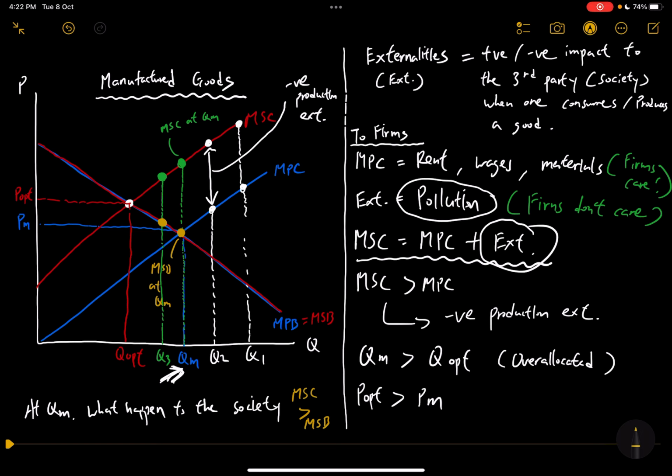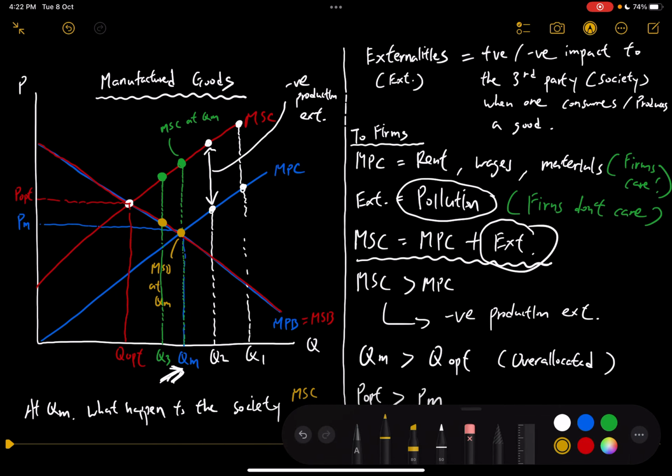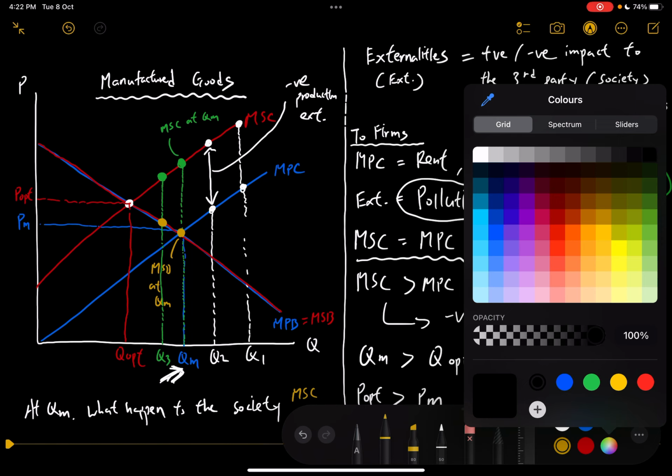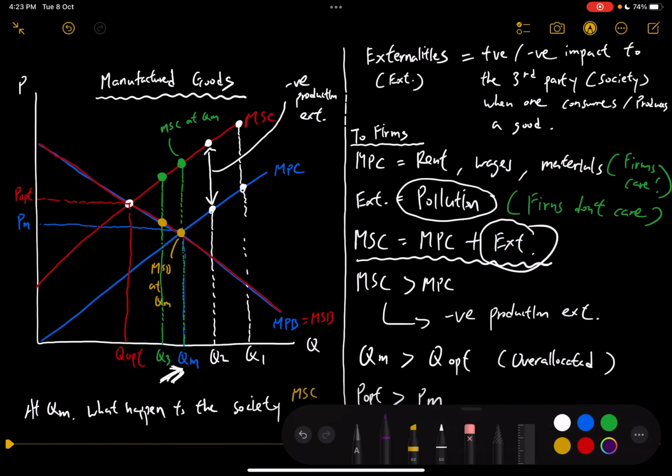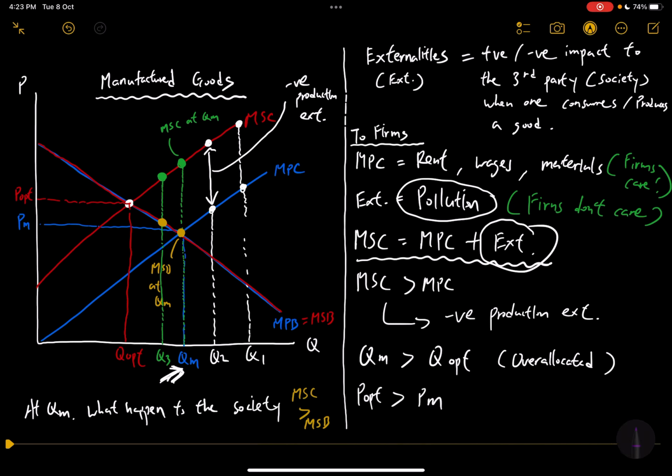You can also see something is off. Let me use another color to show you this nicely. If you look back at QM, MSC is way bigger than MSB, which means that we should have fewer goods, and this extra good is going to create this net loss, this distance of net loss.